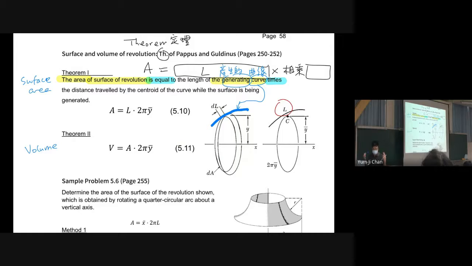What's that something? We go to the second line: the distance traveled by the centroid of the curve while the surface is being generated. So it means the centroid of the curve is point C here.